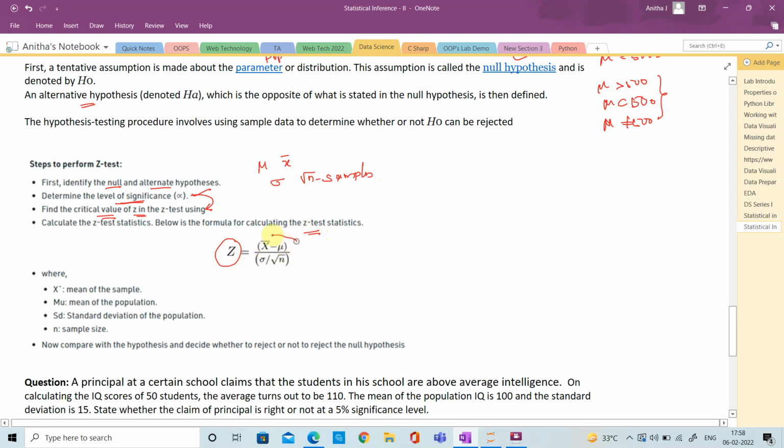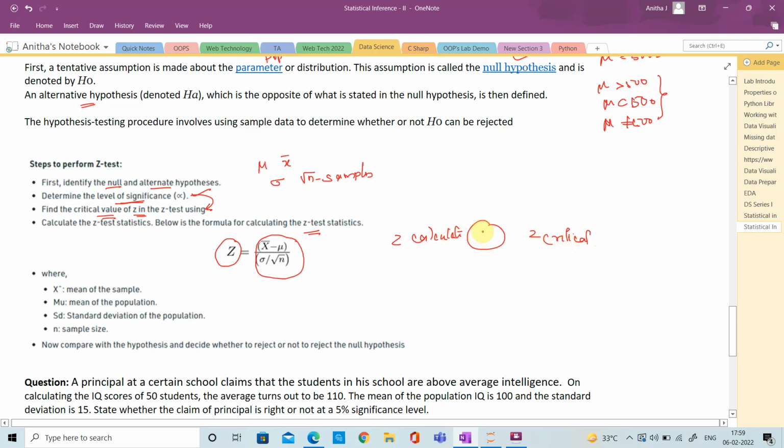Whatever Z value you calculated based on this available information, you compare with the critical Z value. This is your calculated value and this is your critical value.